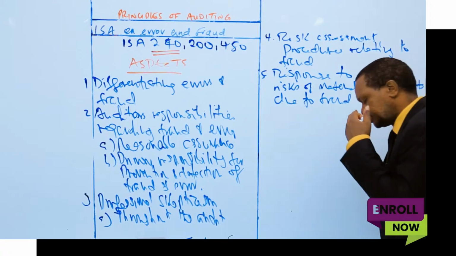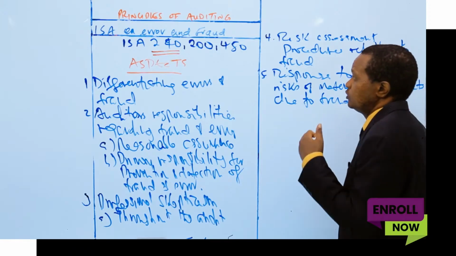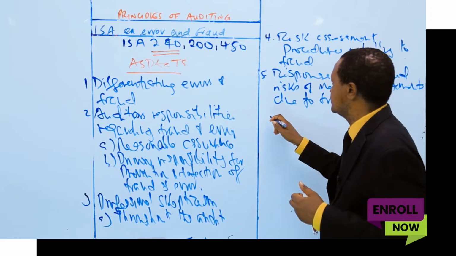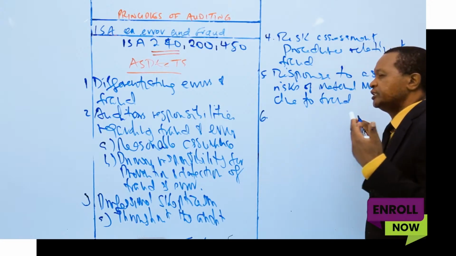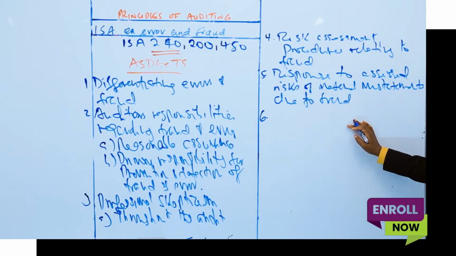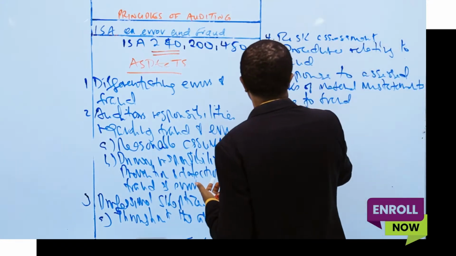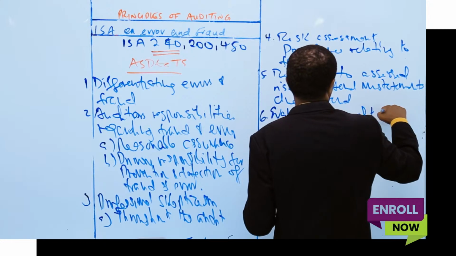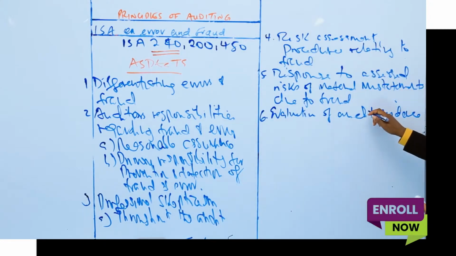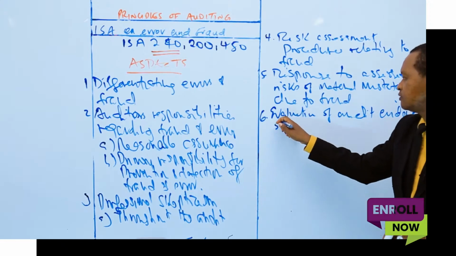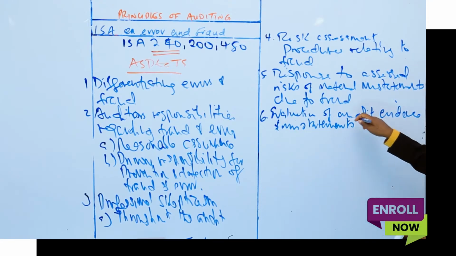Then there is another aspect in regard to ISA 240, which is the evaluation of audit evidence and misstatements.